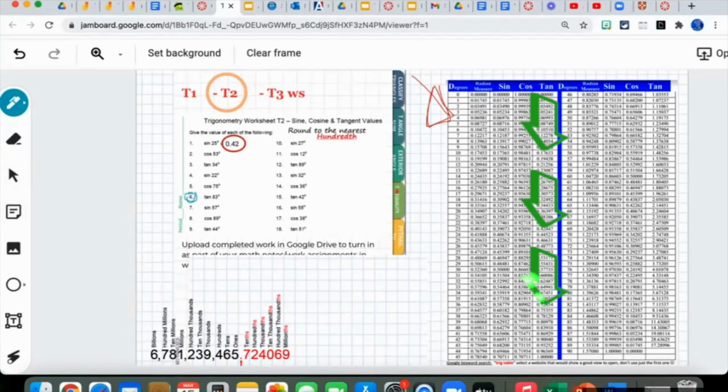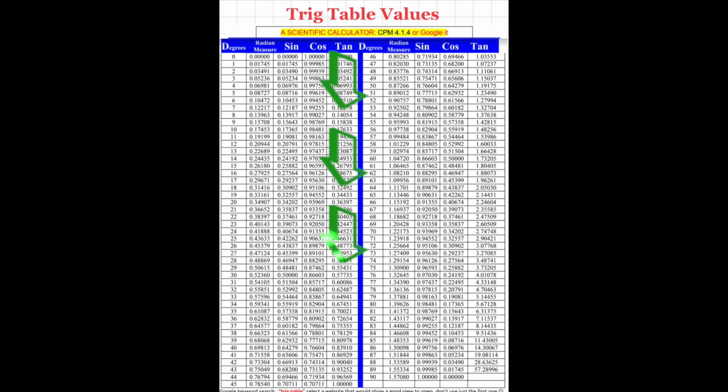Here's number 6. We're working on tangent of 83 degrees. Going all the way to 45, 76, 83 is going to be this way in. So I'm going to look not on sine, not on cosine, but at this tangent column, and I'm going to go down this column until I cross 83 degrees.